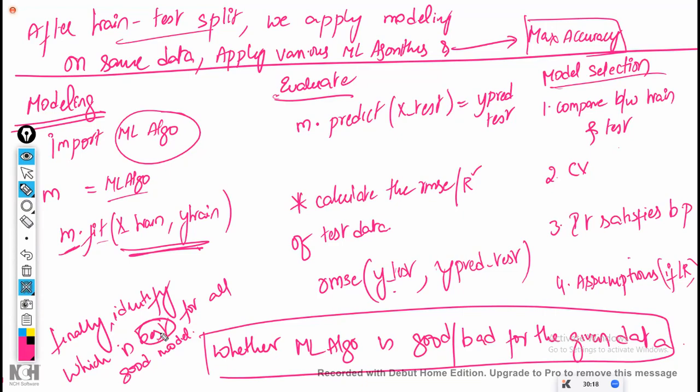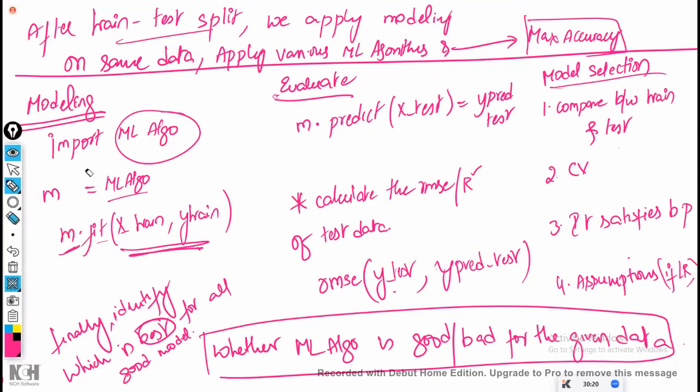Is that clear, guys? If it is clear, write it in the notes, and for everything, we are going to apply the same logic. Yes, CV should be compared with the test. Compare between the train and test. Train accuracy and test accuracy should be the same. First one, train is equal to test. Second one, CV should be equal to your test.